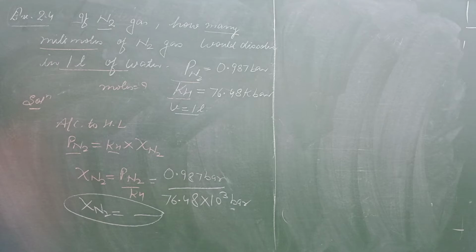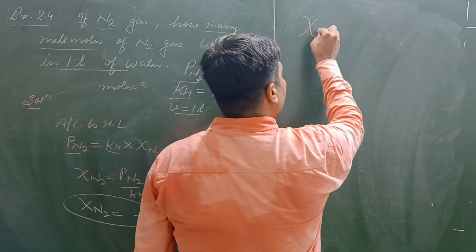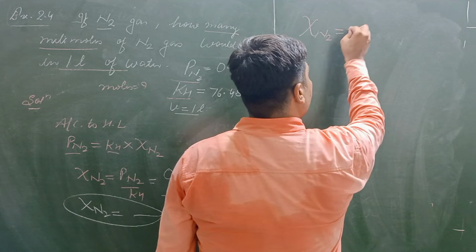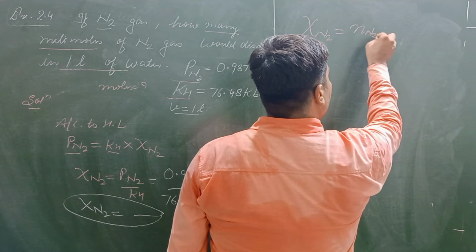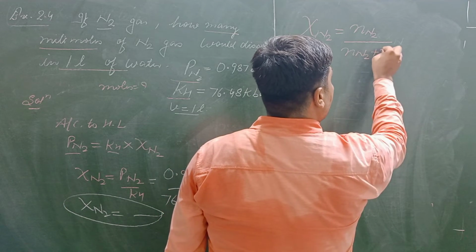After finding the mole fraction, let's find the moles of nitrogen. Mole fraction of nitrogen equals number of moles of nitrogen divided by number of moles of nitrogen plus number of moles of water.